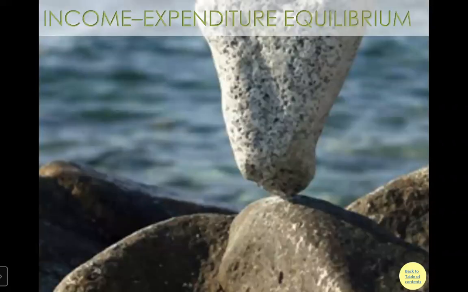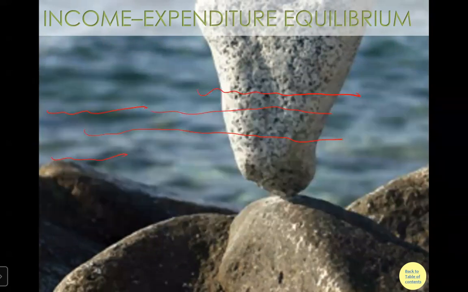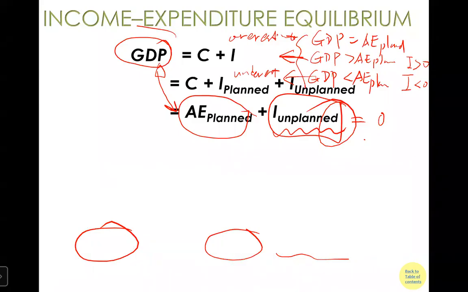And now we are going to define the equilibrium. So this is equilibrium. The economy is in income-expenditure equilibrium when aggregate output is equal to planned aggregate spending. Or, referring to the previous slides, it just says this one equals this one, and then we are in equilibrium. Otherwise, we are not, and furthermore, there are going to be some adjustments. All right.